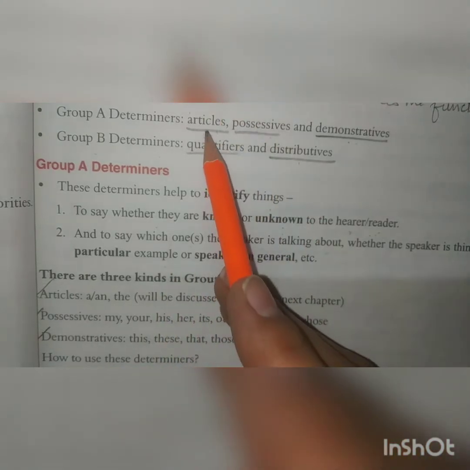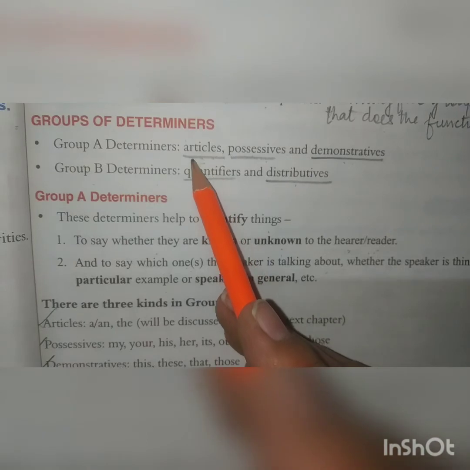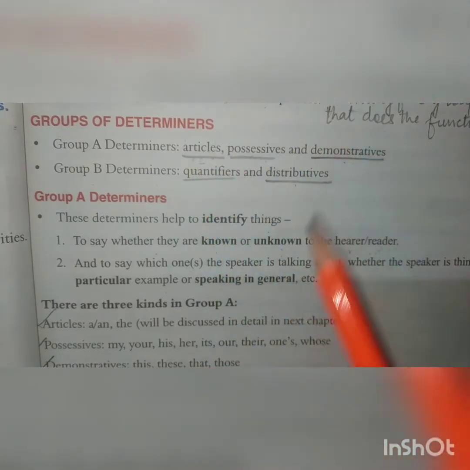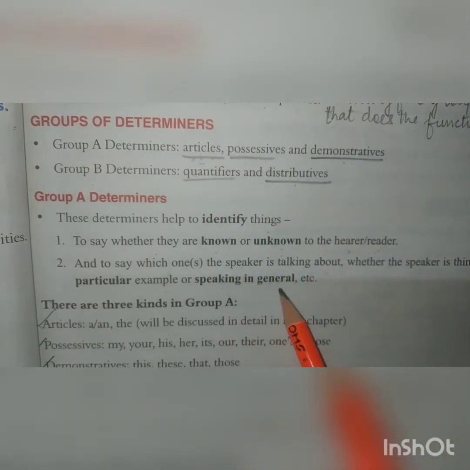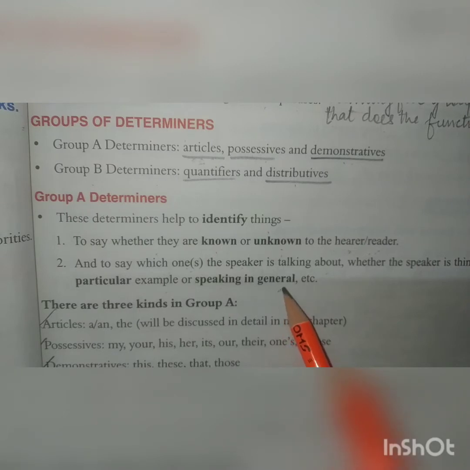The articles a and an are the indefinite articles. When we are talking about something in general, then we use a and an. An is used in front of the words starting with vowels.